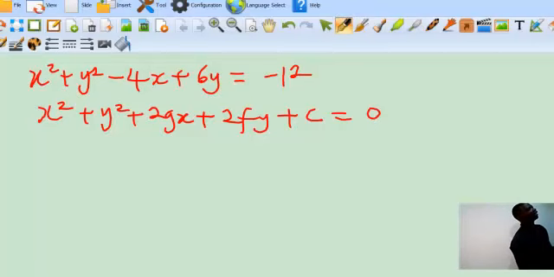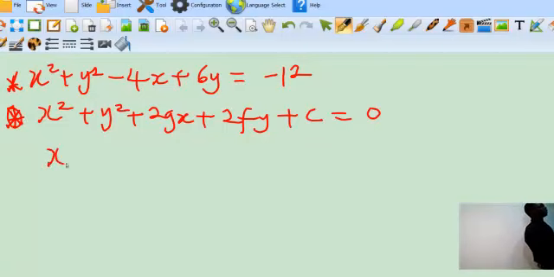In order to find your g, your f, your c, you have to compare the given equation with the general equation of the circle, which is given below, which is x squared plus y squared plus 2gx plus 2fy plus c is equal to 0. And how do you do that? You are going to arrange this given equation in the form of the general equation of the circle. Now let's continue and work that out.